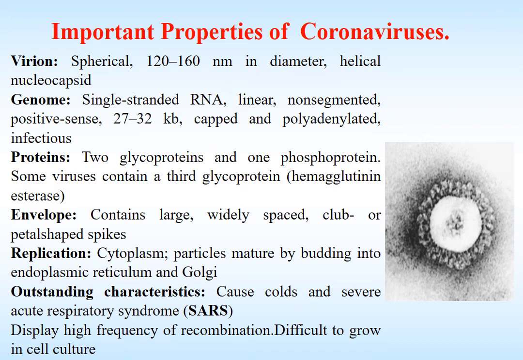Some viruses contain a third glycoprotein, the hemagglutinin esterase protein, and contain large, widely spaced club or petal-shaped spikes, and because of these spikes it has this appearance, named coronavirus.